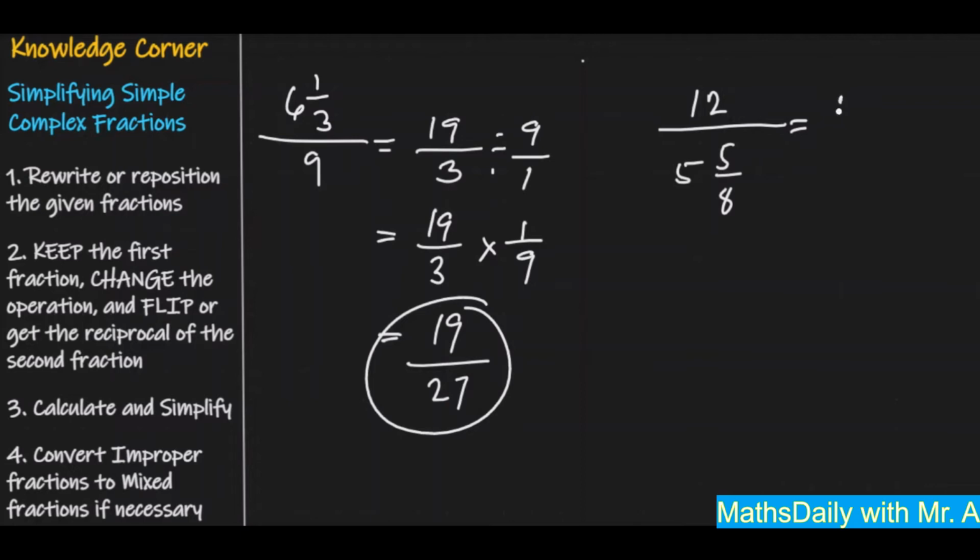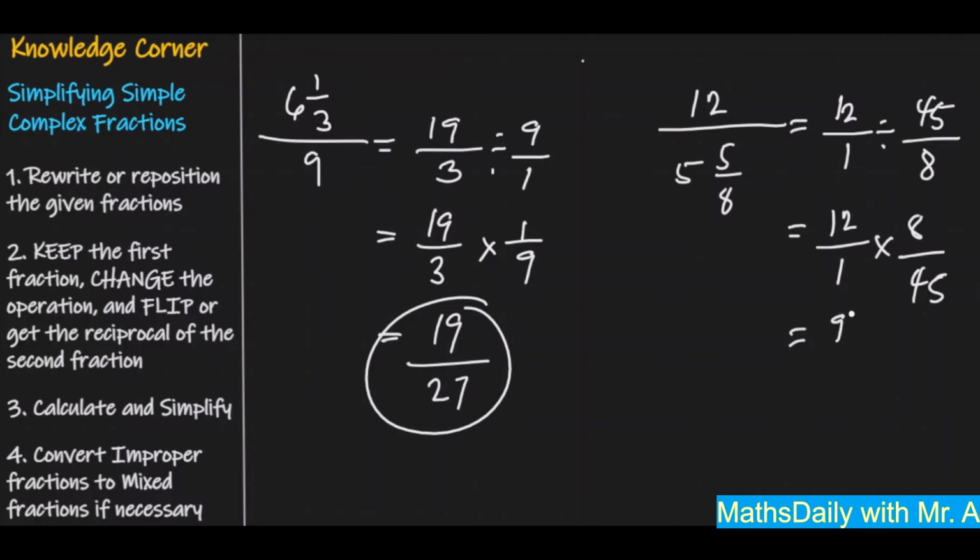So this is 12 over 1 divided by 8 times 5 is 40 plus 5 is 45 over 8. 12 times 8 is 96 over 45.